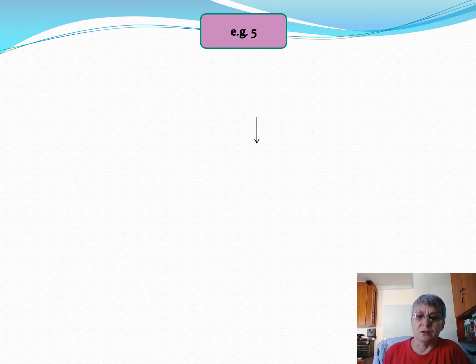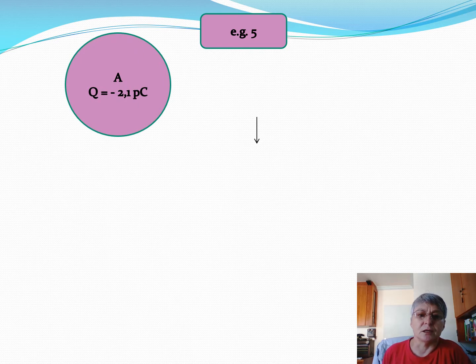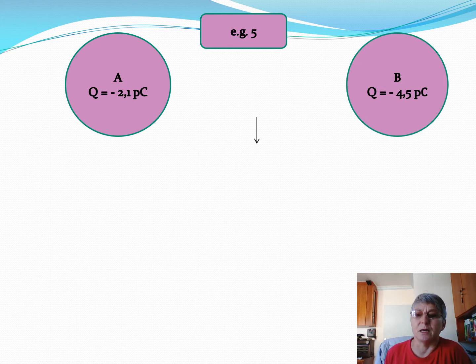Example 5 is the last one in this series of videos, and we've got an object with a negative charge of 2.1 picocoulomb and another one with a charge of minus 4.5 picocoulomb. So the first question we need to answer is, in which direction will electrons flow when they're brought into contact?